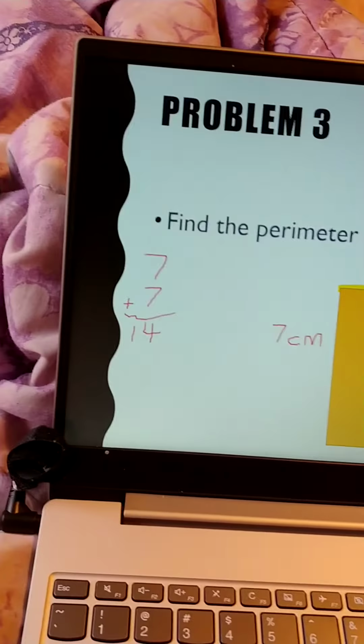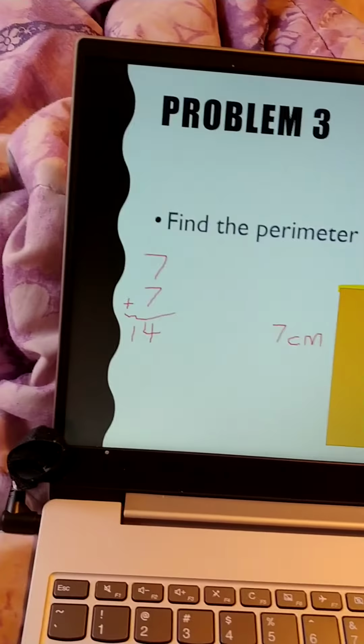So we're just going to break it down. First we're going to add the first 2 7s. So we'll do 7 plus 7. Oh, that looks like a multiplication sign.